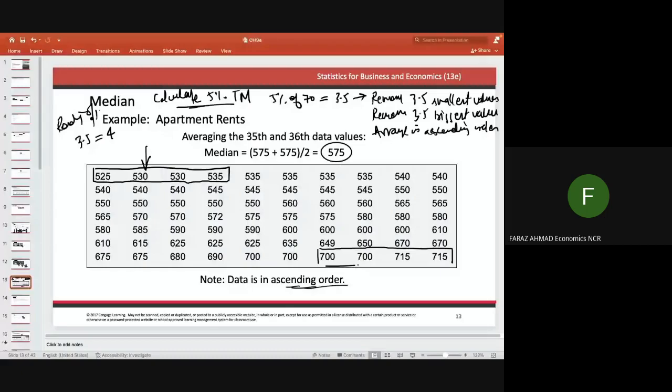So remove the smallest 4 values, and then the largest 4 values also. Remove these. They are no more there. They are gone.